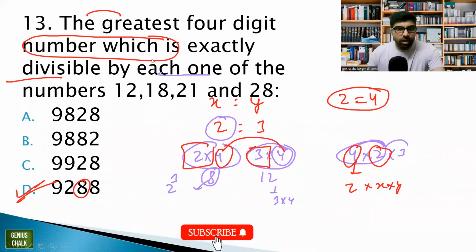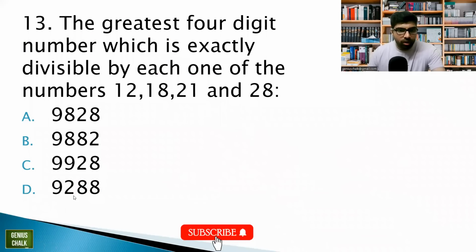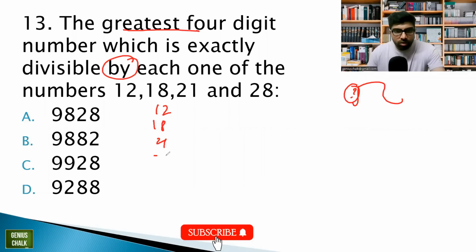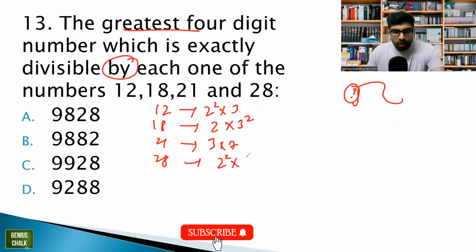The greatest four-digit number divisible exactly by each one of these. So now we need to find the greatest four-digit number divisible by these numbers, which means we have to find the HCF. So this is 3 into 4, this is 2 square into 3 square. 21 is 3 into 7. 24 is 2 cube into 3.